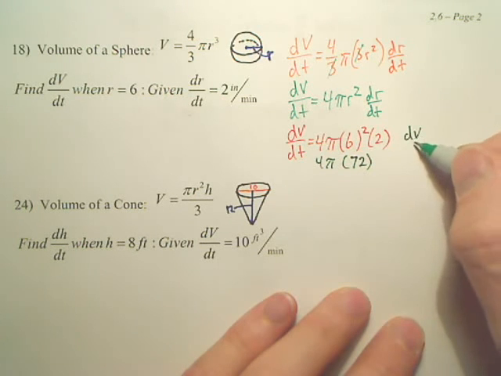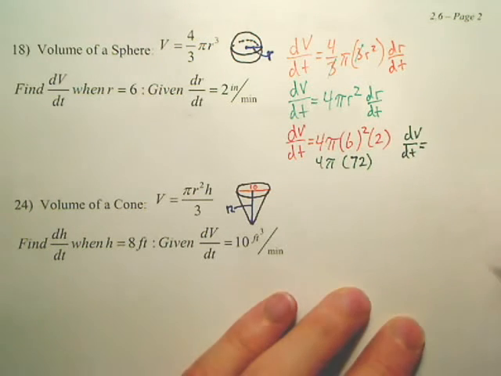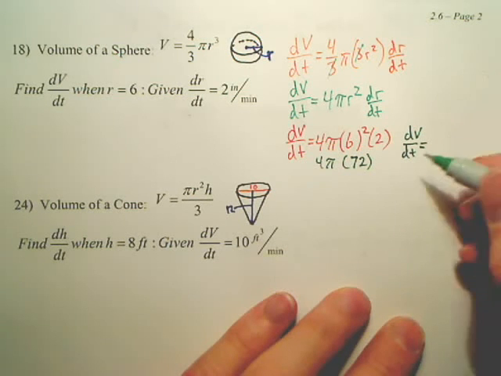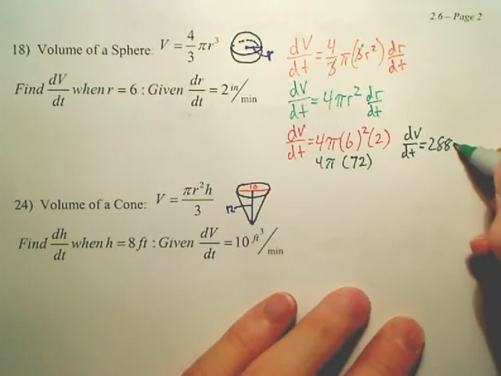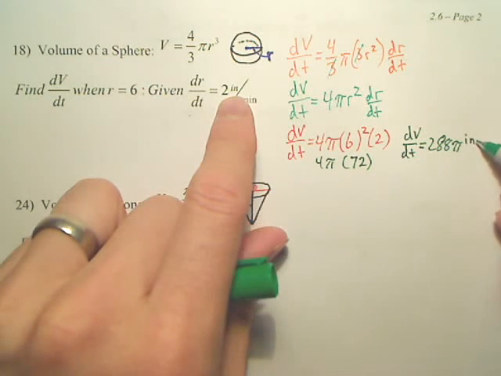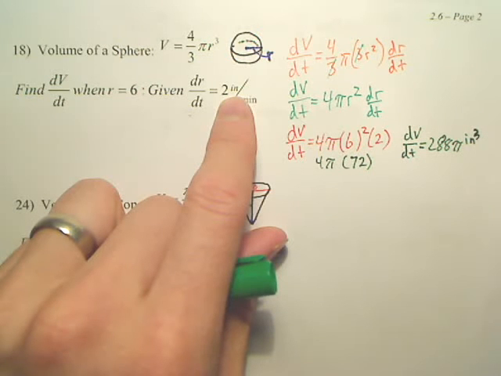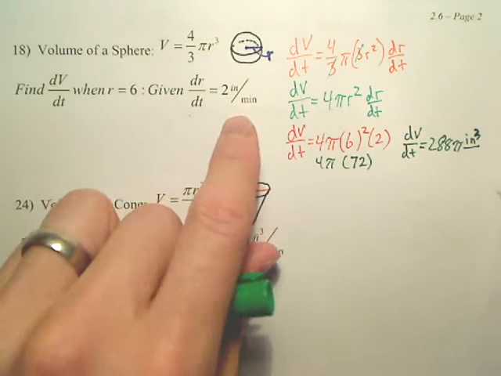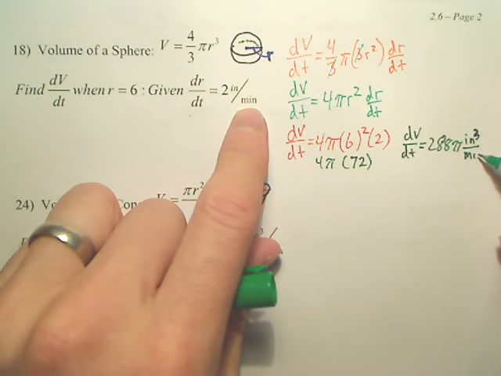So dV/dt is going to be, what was it again? 288 pi. And that would be inches, we're doing volume, right? So inches cubed, volume is cubed, per what are we talking about? Minute.